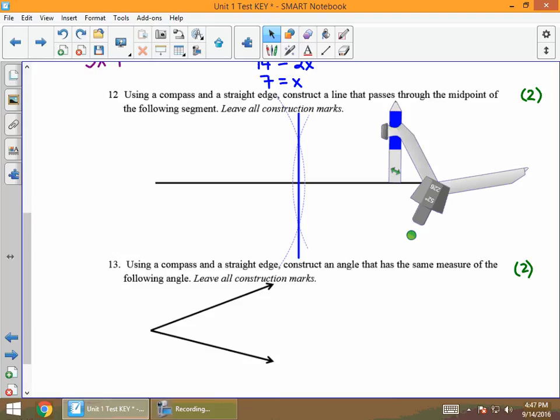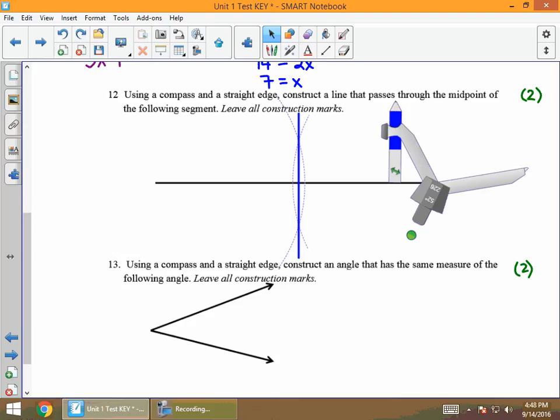So you can kind of see, those would be the nice light lines that you would have used with the compass. What I was looking for on the 2 points were, did you have the construction itself? Could I tell that you opened up past halfway and made 2 arcs that intersected? If it looked like you did everything right, I didn't actually measure it out to make sure it was in the middle.